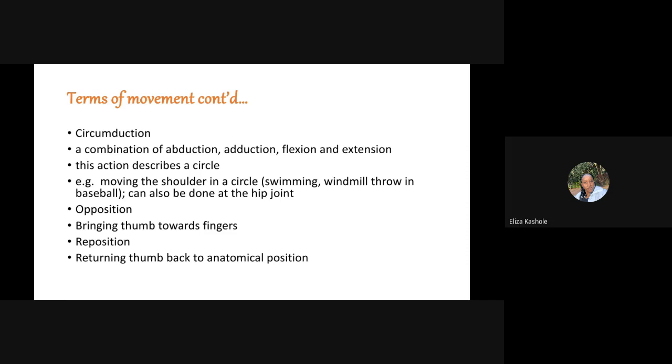So opposition of the thumb is one of the things that differentiate human beings from monkeys. I also assume that monkeys have 5 fingers, 4 fingers, and the thumb. All right, but monkeys cannot do this thing that humans are able to do, the opposition of the thumb, where you can bring the thumb towards or opposite to the fingers.